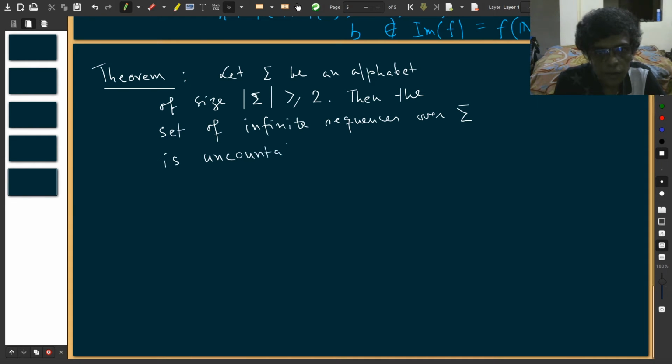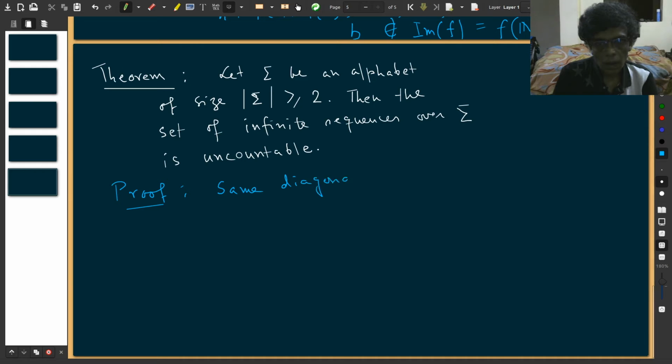Exactly, you follow the same diagonalization proof. So, proof: the same diagonalization proof works.